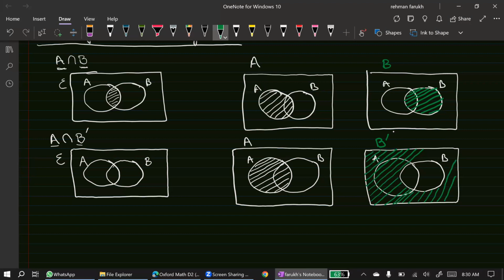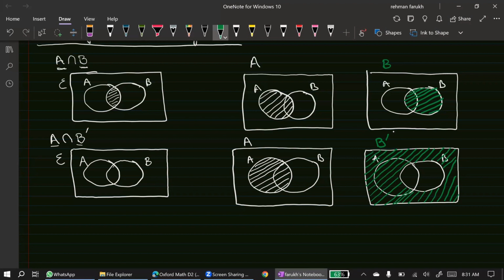So then how will we find the intersection? Now look at the two diagrams. Which portion is commonly shaded in both the diagrams?